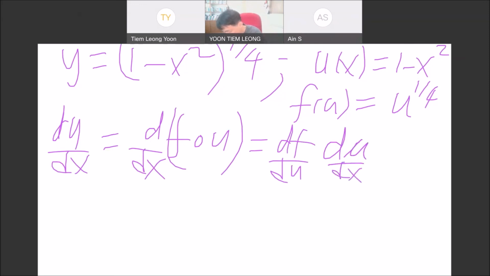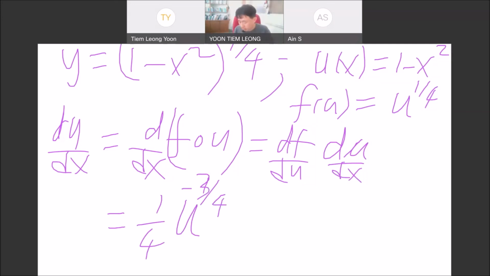Okay, so let us continue from here. df/du is just 1 over 4 u to the power of 1 over 4 minus 1, which is u to the power of minus 3 over 4. Then du/dx is just equal to minus 2x. So that is the answer.